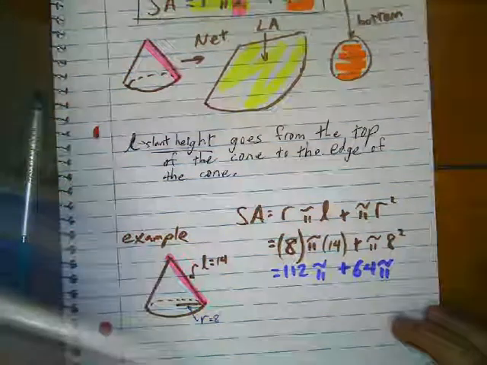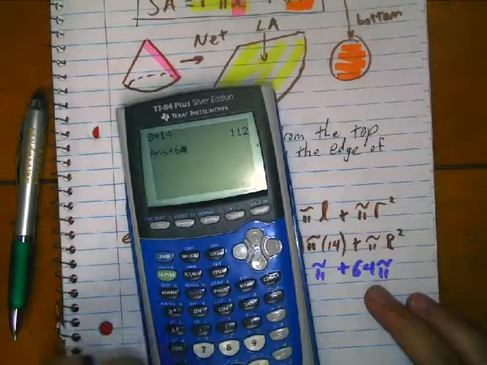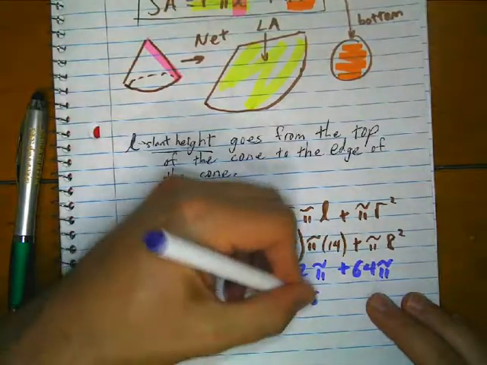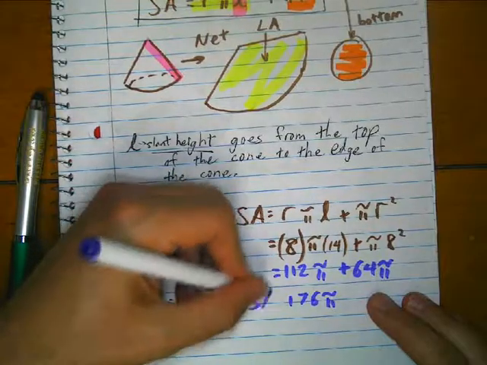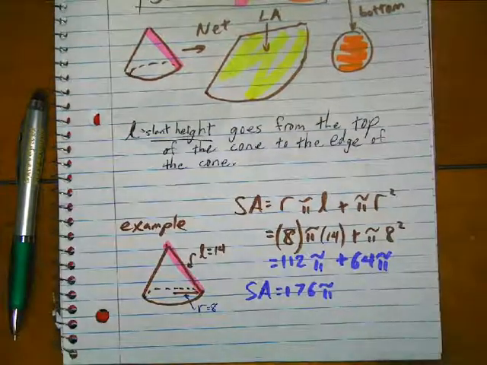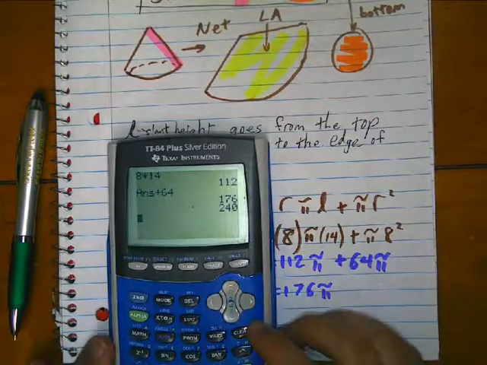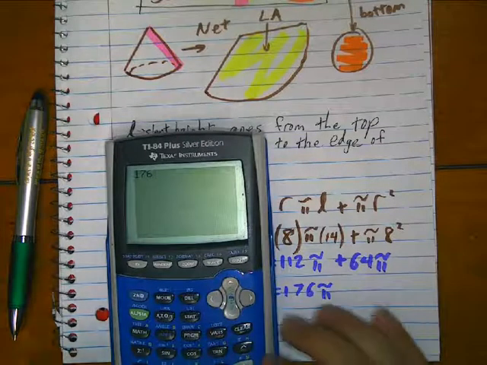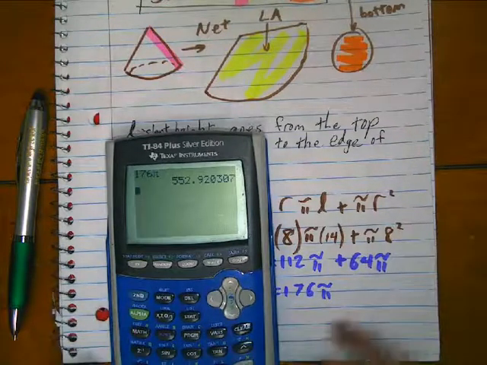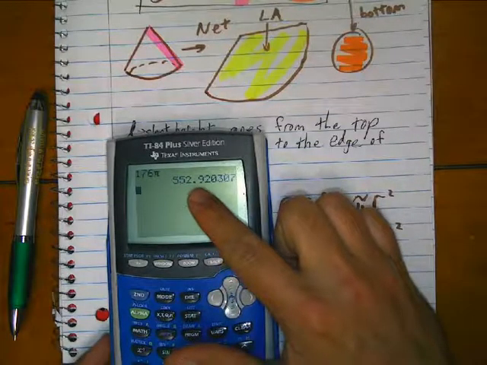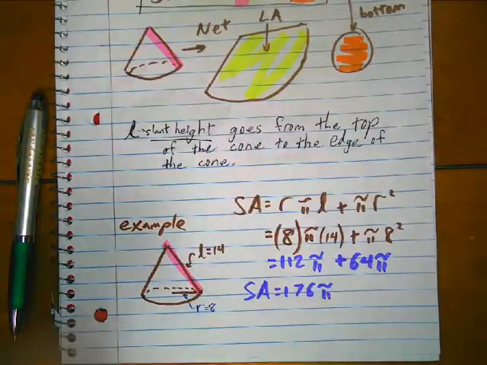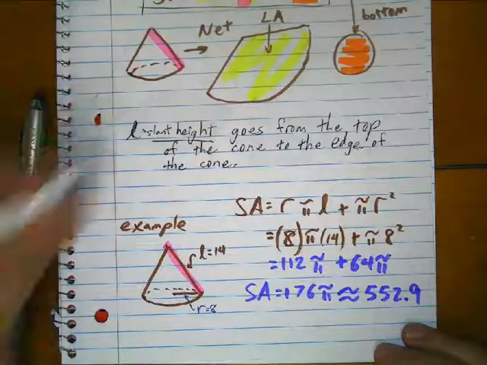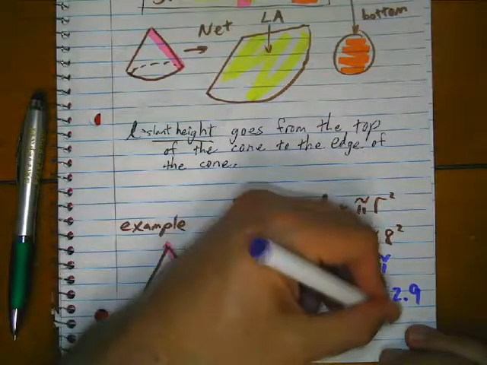And 112 plus 64 is going to give me 176. If you multiply 176 times pi, we get 552.9. Let's write that down. So that's approximately 552.9 units squared.